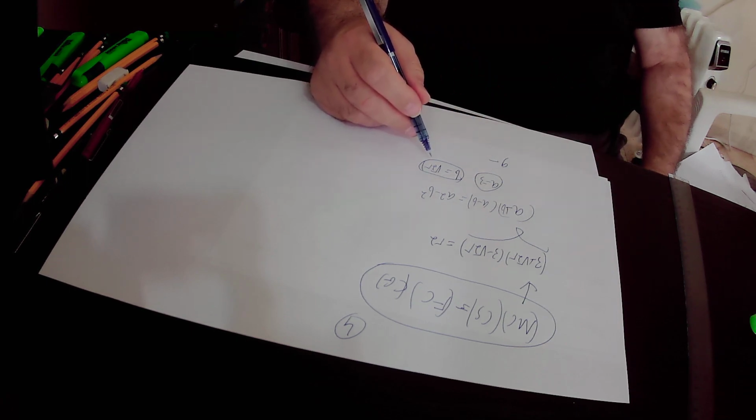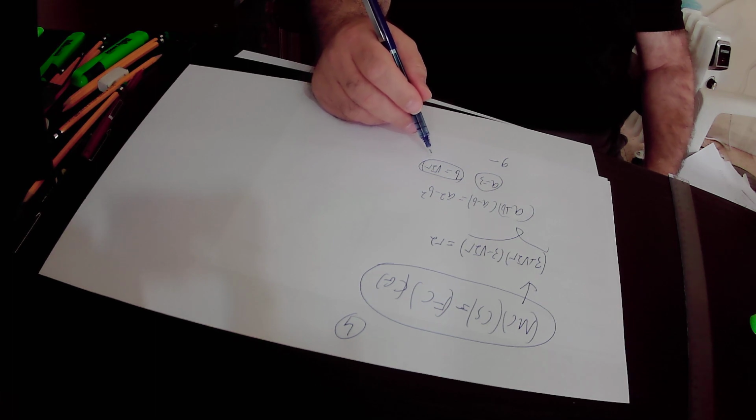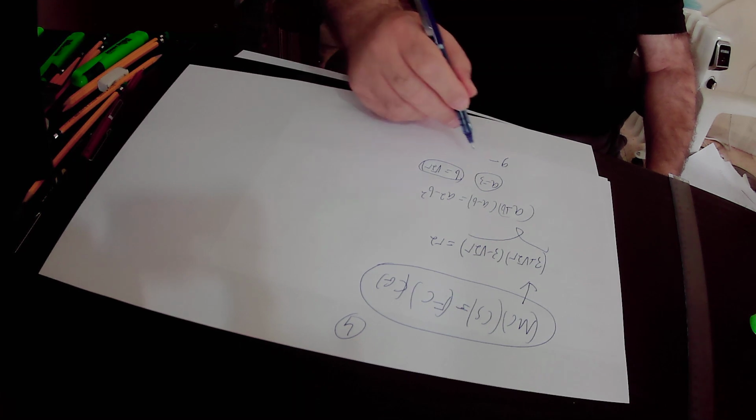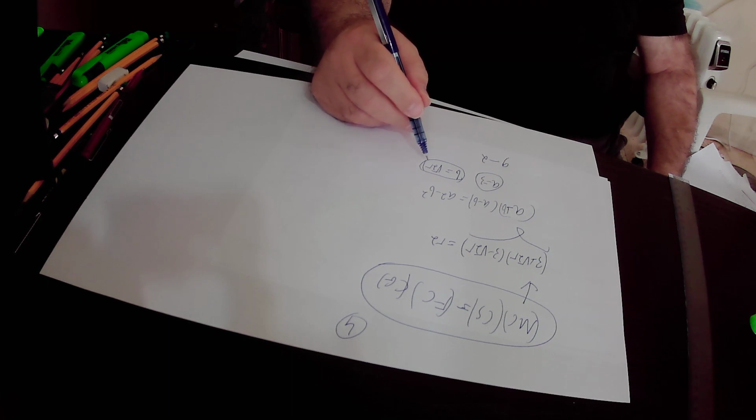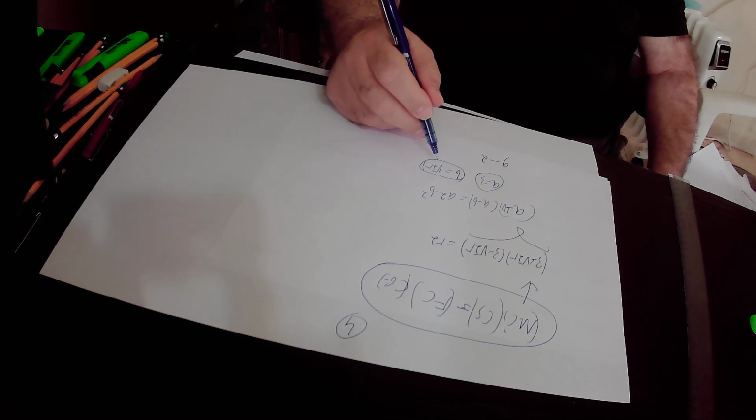B is square root of 2R, so B squared will be equal to square root of 2R squared, and square root of 2 squared is 2, and we have to multiply it by R squared. Okay, square root of 2R squared is 2 times R squared.